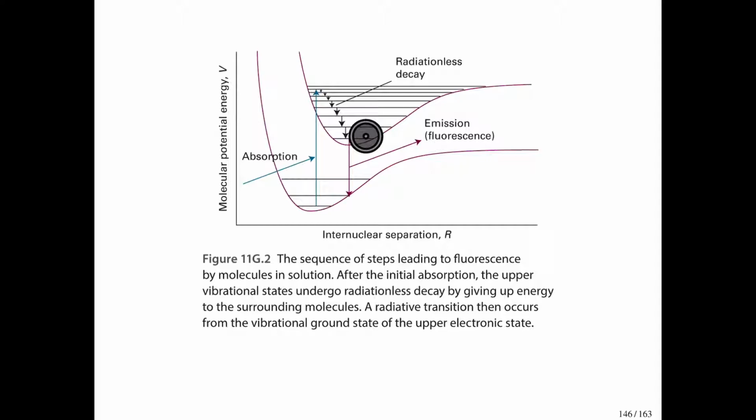And this will involve transitions to the various vibrational states of the S0 electronic state. So absorption probes these vibrational levels on S1, emission probes the vibrational energy levels on S0.